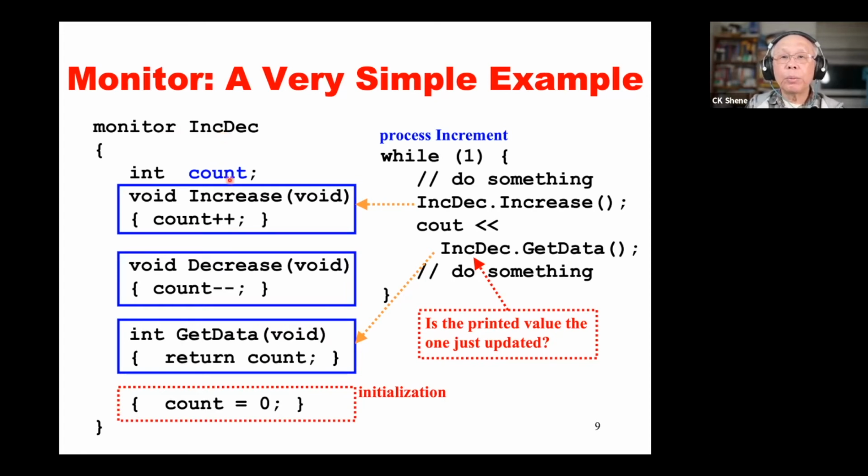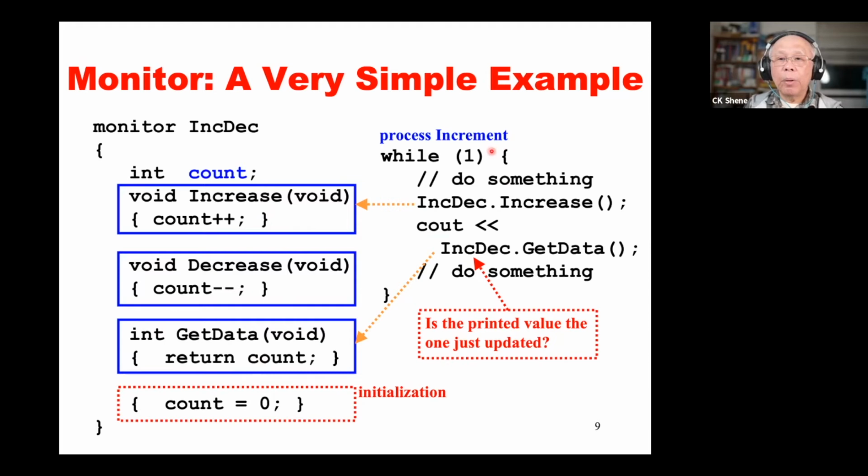The counter to be protected is a private variable count here, and it's initialized to 0. We have 3 procedures: increase, decrease, and get data. The increase procedure adds 1 to the counter. The decrease procedure subtracts 1 from the counter. The get data procedure returns the current value of count.